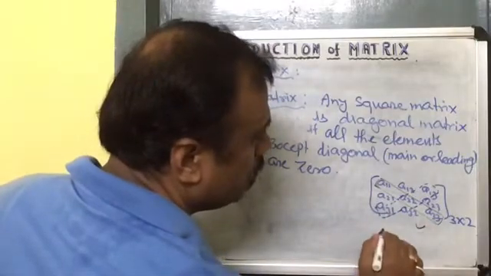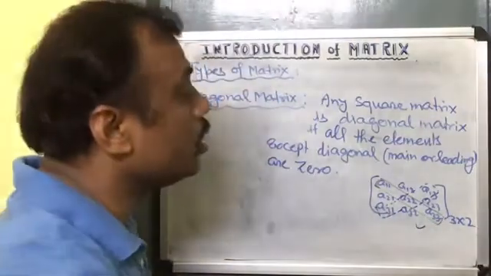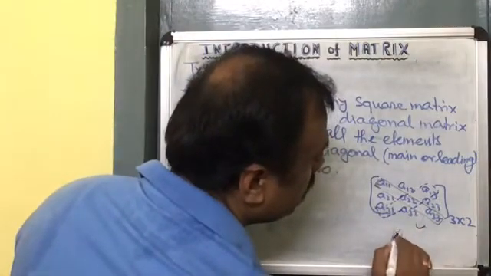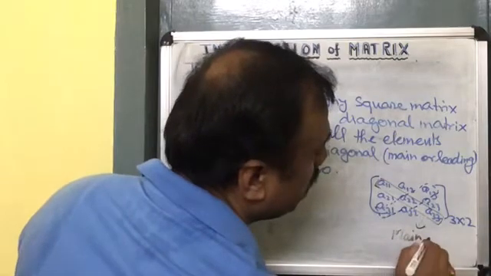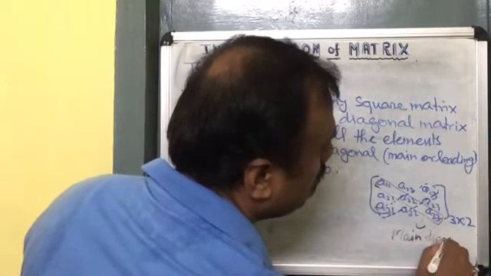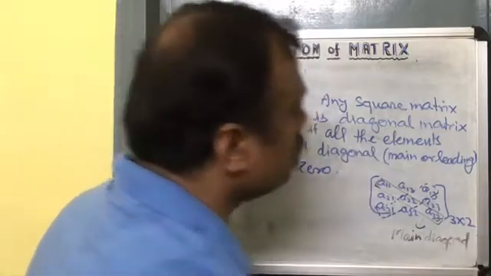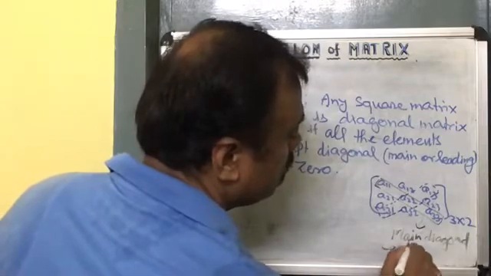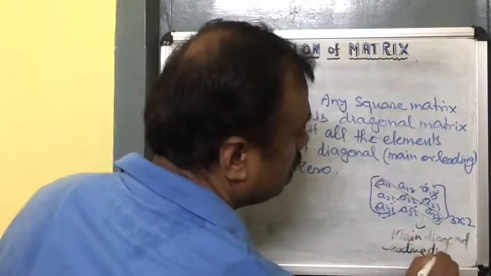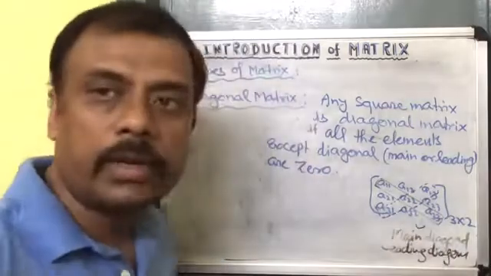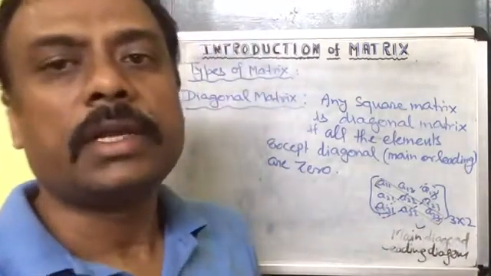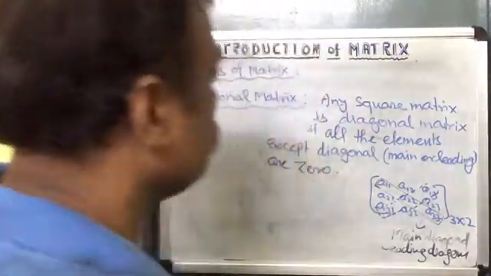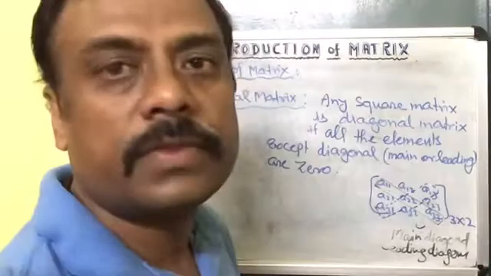This is called the main diagonal or leading diagonal. When only diagonal is mentioned, that means the leading diagonal or main diagonal.